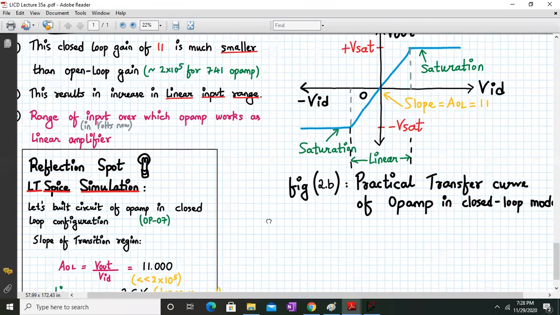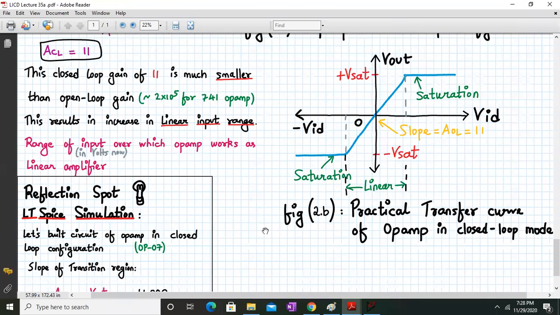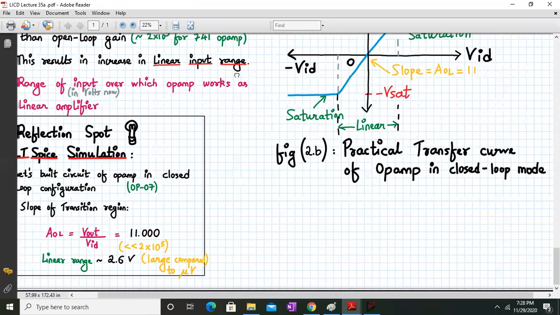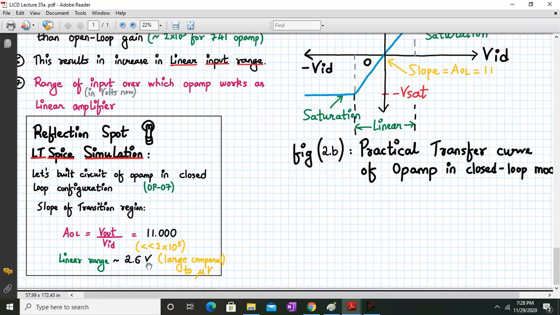Okay, and what's the advantage of working in the linear region? The output is predictable and proportional to the input. Okay, we know its behavior. So we have found out the slope of the transition region exactly to be equal to 11, which is much less as compared to 2 into 10 to the power 5. And the linear region is 2.6, close to volts, which is very large compared to the microvolts.